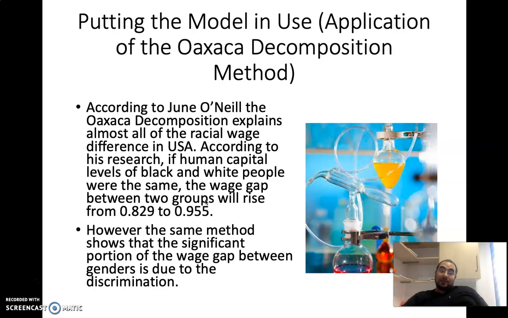Although again, the question might become whether the occupational differences, education differences, and experience differences are playing a role. In those cases, discrimination also plays a role.